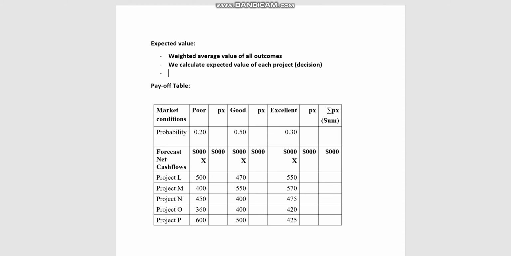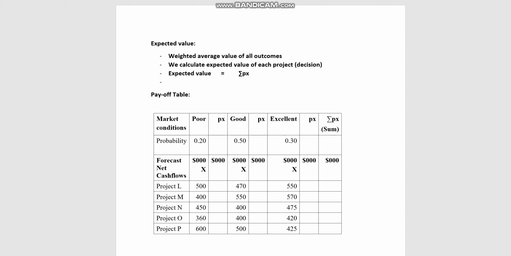And expected value is calculated as expected value equals the sum of Px. So you know this sign, sum of or sigma, Px, where P represents the probability of each outcome, and X represents the value of each outcome. Okay, so expected value equals the sum of Px, which is the probability times the monetary value of each outcome.